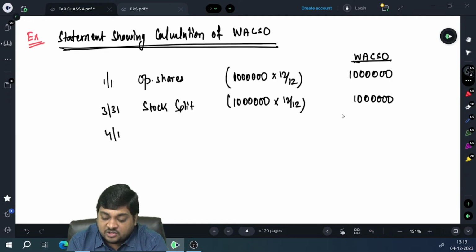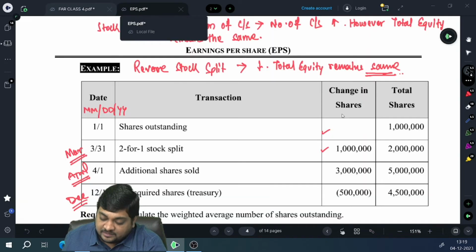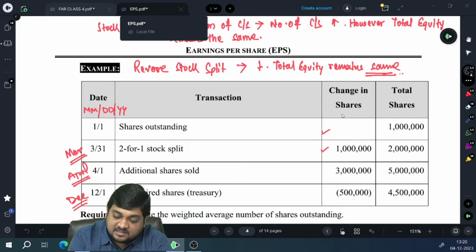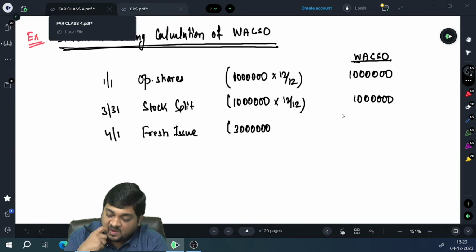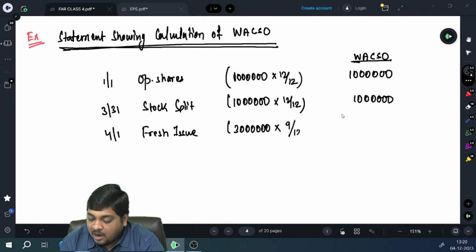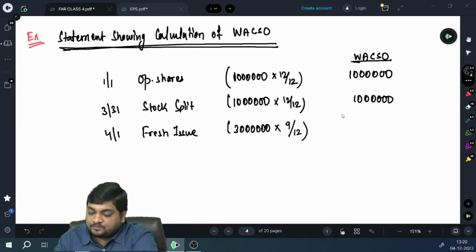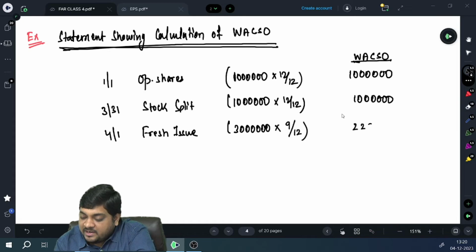Then we have a fresh issue of 30 lakh. This is outstanding for 9 months, so we'll take 22 lakh 50,000.